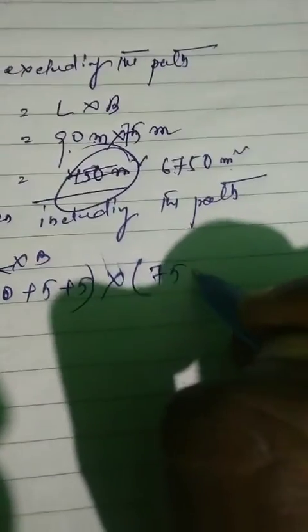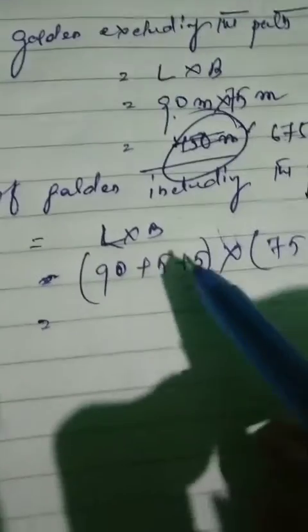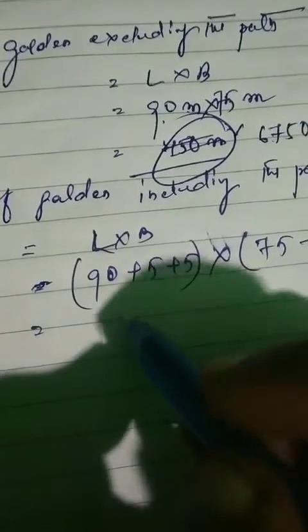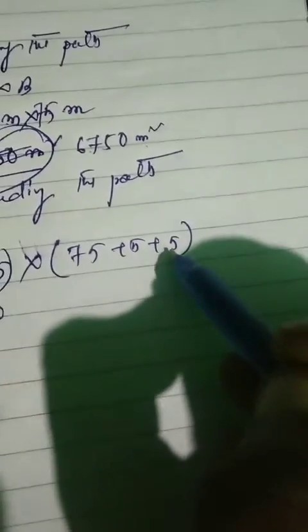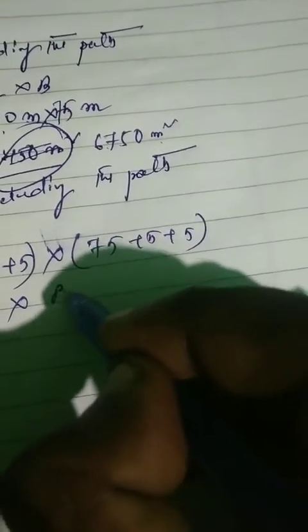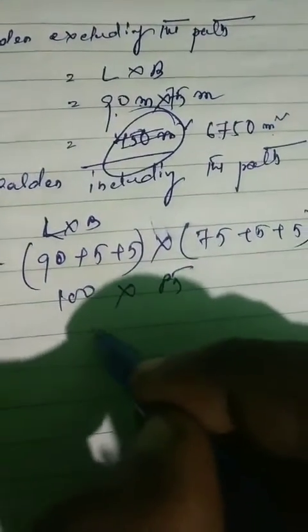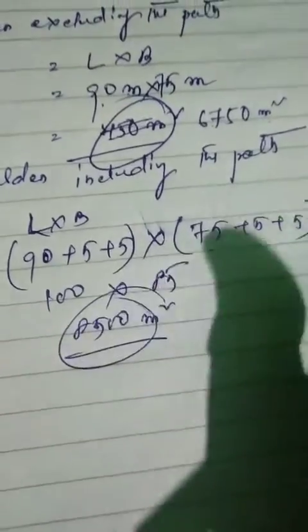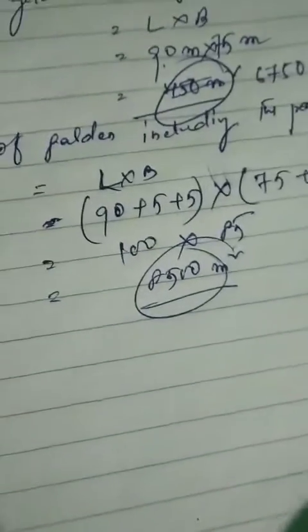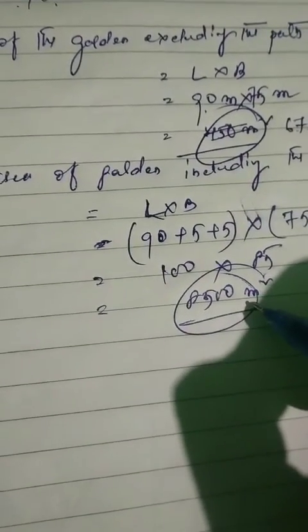So I'll write 75 plus 5 plus 5. Here 90 plus 5 plus 5 is 100 into 75 plus 5 plus 5 is 85. So 100 into 85 is 8500 meters square. This is the area of the garden including the path.